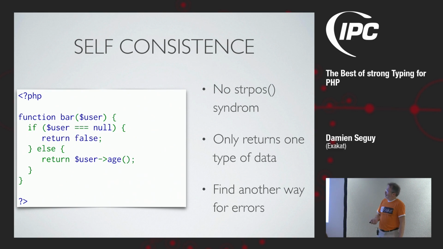Okay? So if you move to typehints for the return type, we're moving away from the argument, but now we're going to the return type, the problem is not people calling your function now. It's your own code that has to be consistent and only return one and only one type of information. Which means that we also now have to find another way to handle the errors.